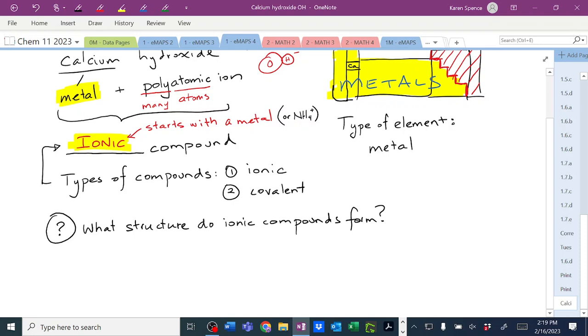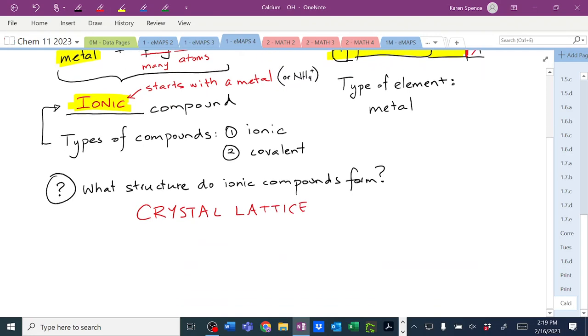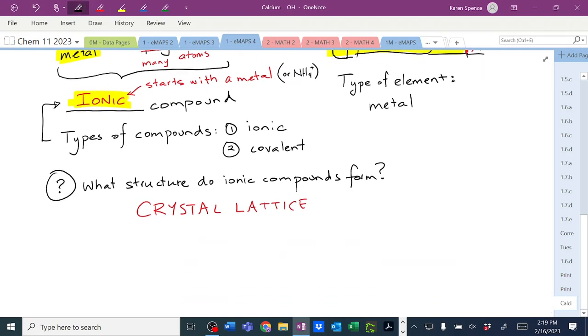Yeah. It is a crystal lattice. Yes, indeed, it is a crystal lattice. And now what I would like you to do is draw a crystal lattice. See what you can remember. Take a crack at drawing it and then compare it with your partner.